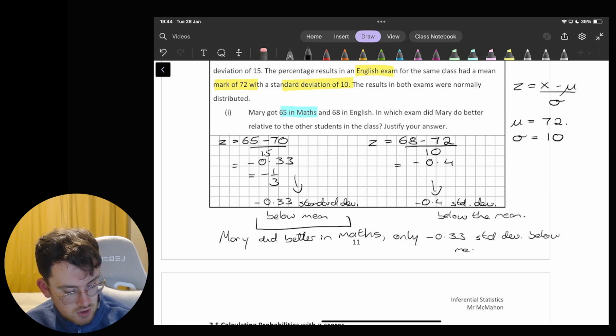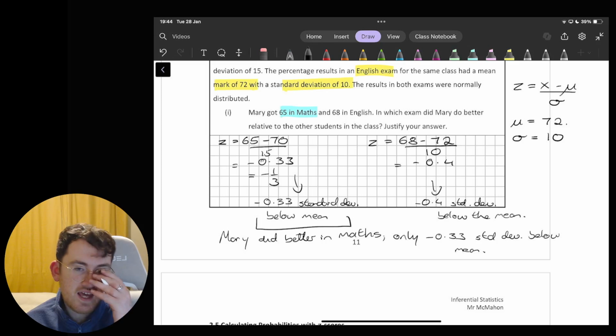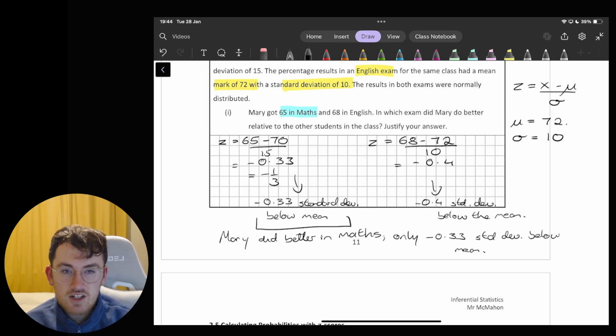So she's a slight, tiny little bit closer to the mean in maths than she is in English. She is below the mean value in both assessments, relative to the class, but slightly less below in maths.